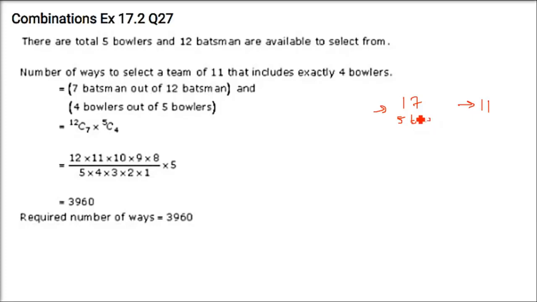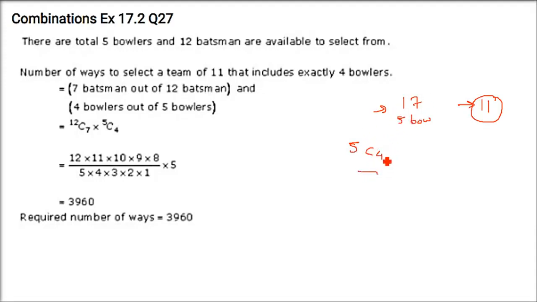And in the team of 11, exactly 4 should be bowlers. So 5 can only bowl, and you take 4 out of them. So 5C4 will be there for the bowlers. So you have taken 4 from 5 bowlers.